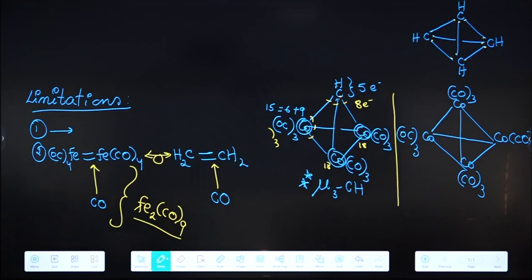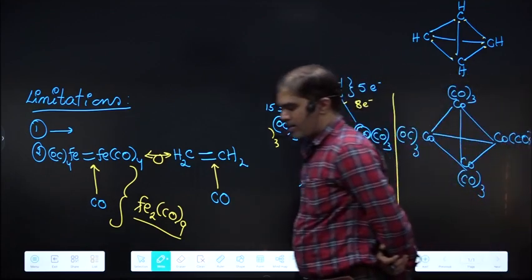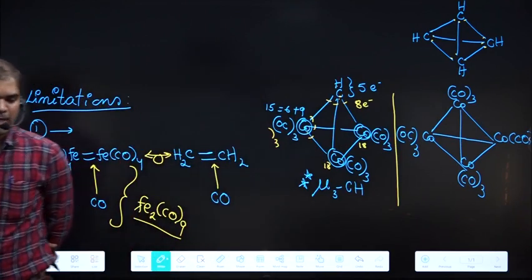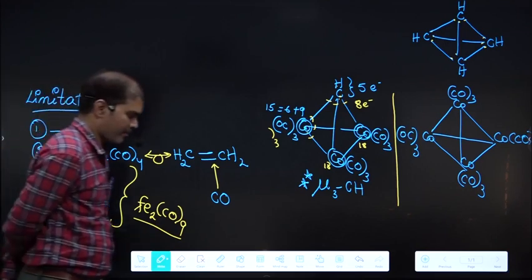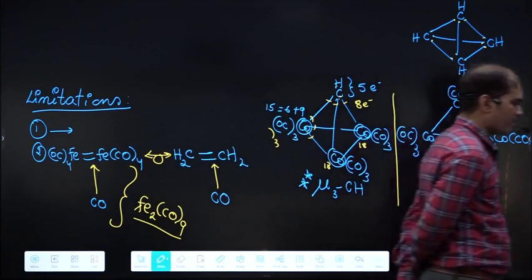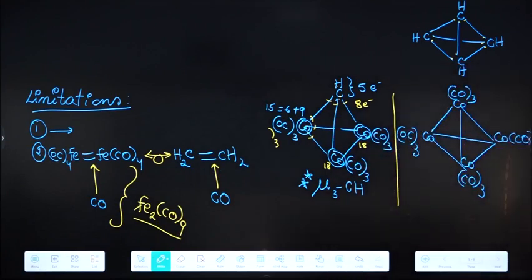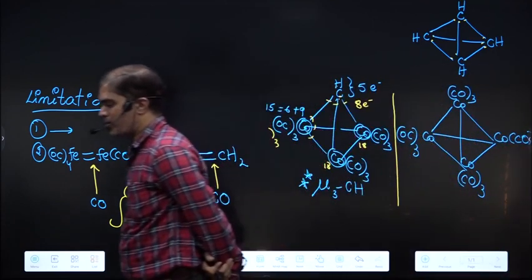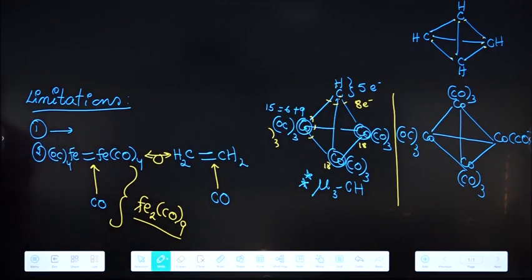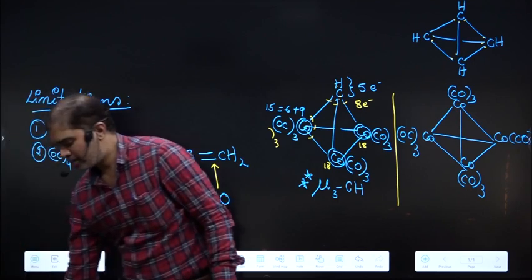Limitations. First one. The structure predicted by analogy has a correct skeleton in most of the cases.